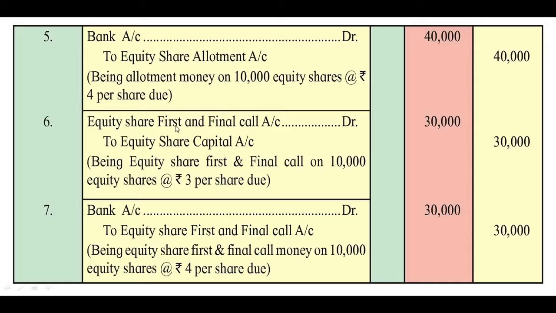Equity share first and final call account debit 30,000, that is 10,000 into 3, to equity share capital account 30,000. And when this first and final call money is received by the bank, our bank balance increases, bank receives the money, so bank account debit 30,000 to equity share first and final call account.